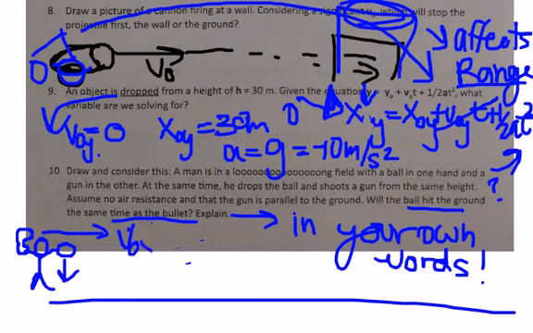So even though it has a huge velocity in the x direction, that doesn't affect where it starts out in the y. Its initial velocity in the y is 0, just like the ball, because we didn't shoot it up or down. So its v0 is the same as the ball.